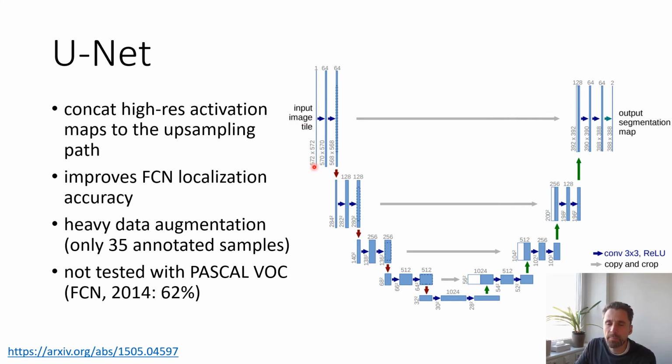So the input, with a fixed size of 572 by 572, is convolved with one kernel and the next kernel, and that reduces the size of the feature map to 568 by 568. And then the second base operation is max pooling.